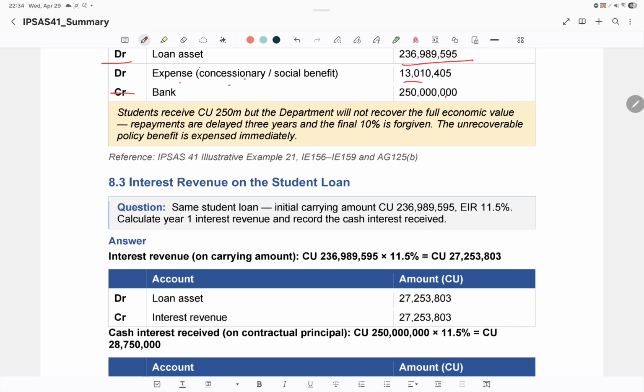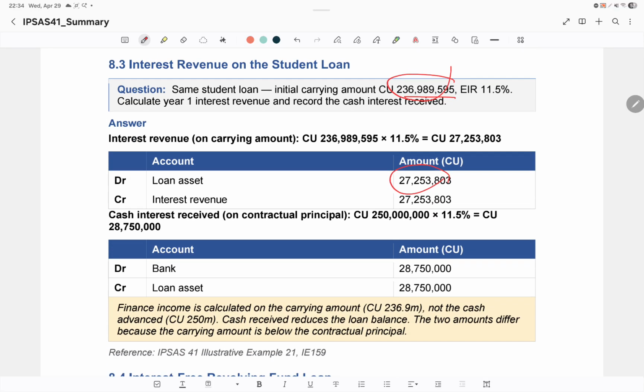Interest revenue on student loan. Same student loan, the initial carrying amount is this, EIR is 11.5%, calculate year 1 interest. Year 1 interest will be based on this, not 250 times. This is the cash flow.